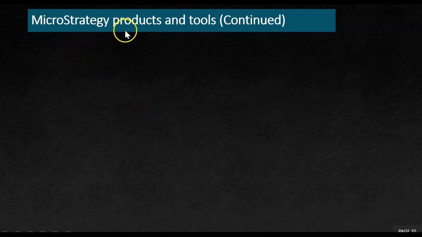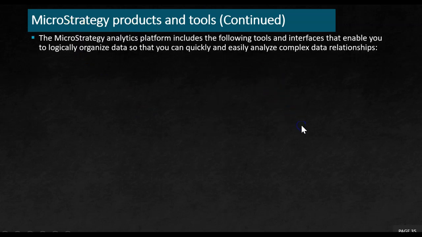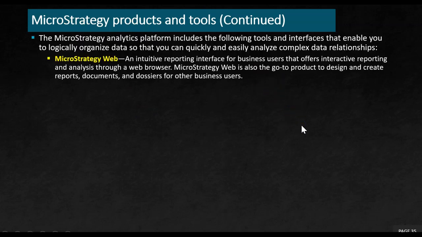All right, so let's continue with MSTR products and tools. We have a lot of tools in MSTR. First is MicroStrategy Web, an intuitive reporting interface for business users that offers interactive reporting and analysis through a web browser. MSTR Web is also the go-to product to design and create reports, documents, and dossiers for other business users.